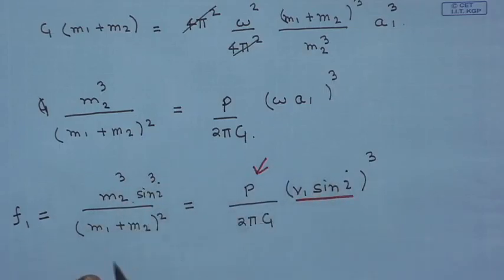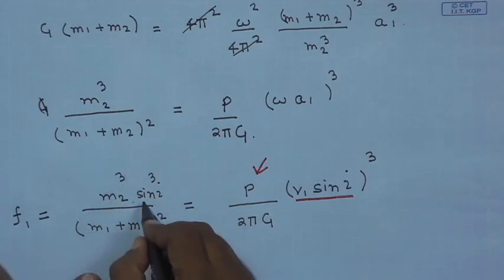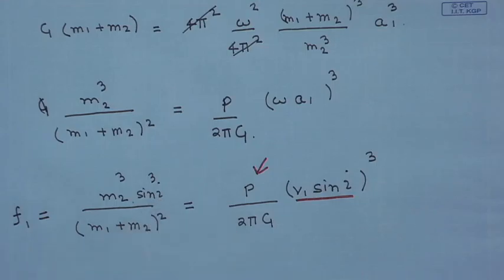equal to m2 cube by (m1 plus m2) whole square into the sine of the inclination angle cube. It has the dimensions of mass, but it is not directly the mass of any of the objects.